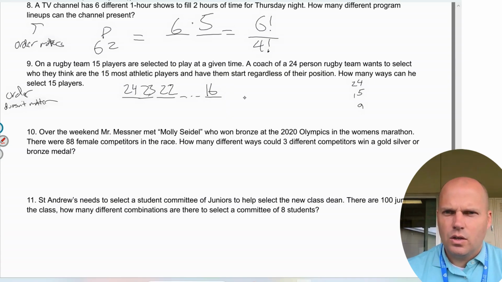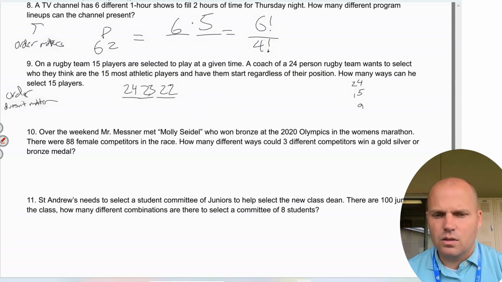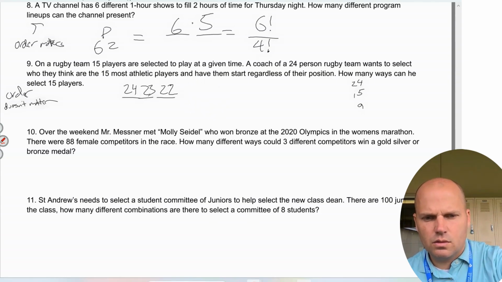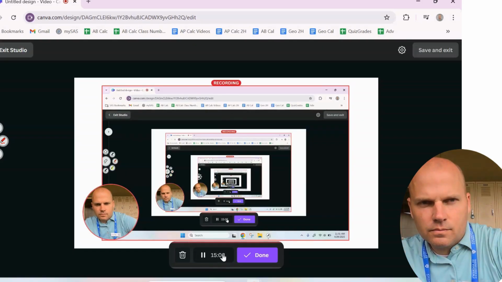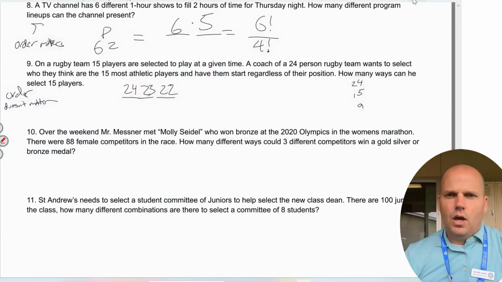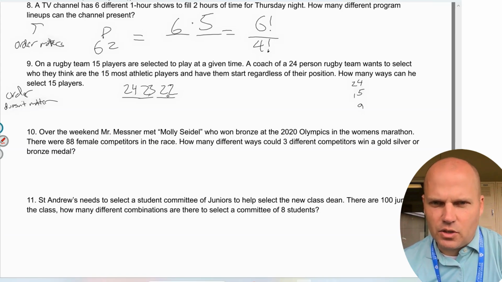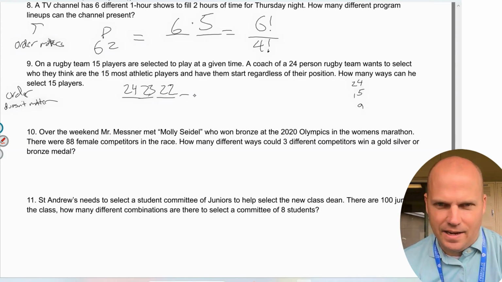Whoa, I'm starting to get all confused. Okay, this one's tricky. So 24, 23, 22, 21. We have 9 extra slots remaining. So that means we're going to go to 10. There we go. That's what I was thinking. So we're going to go all the way down to 10.